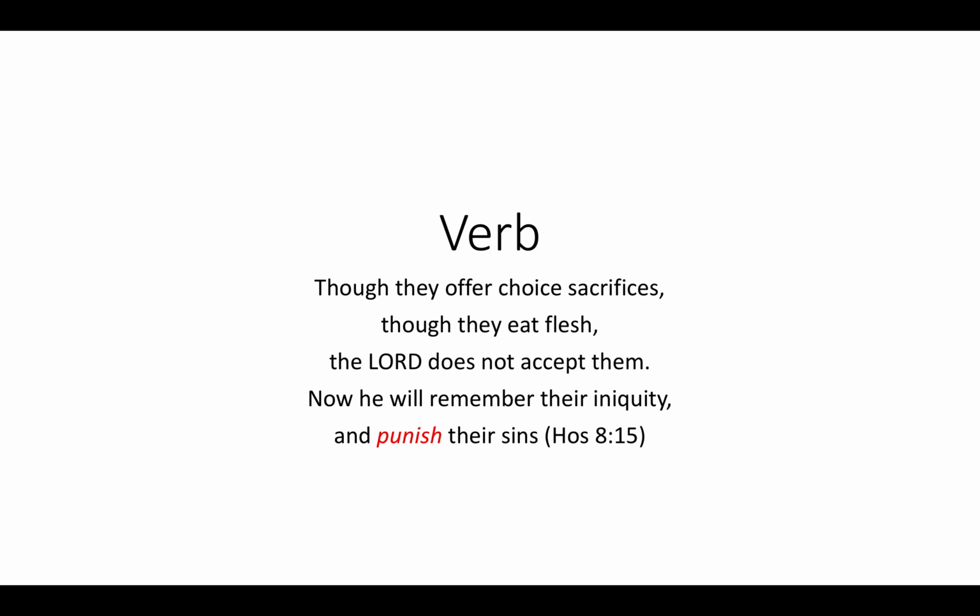And in the same way, the same thing happens in this situation that invokes punishment. So here we have, assumedly, Israel offering sacrifices that Yahweh does not accept. And this has been going on for a long time, apparently. And Yahweh comes and remembers their iniquity and punishes their sins. So here's something that is lacking, something that is wrong, in a different way, but maybe in the same sense, called to account by Yahweh.